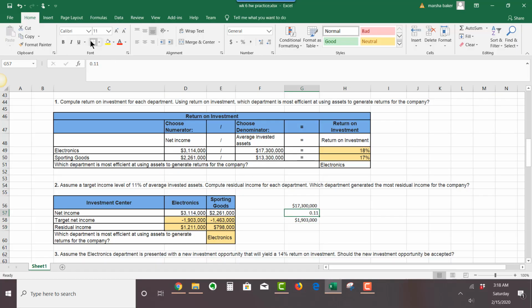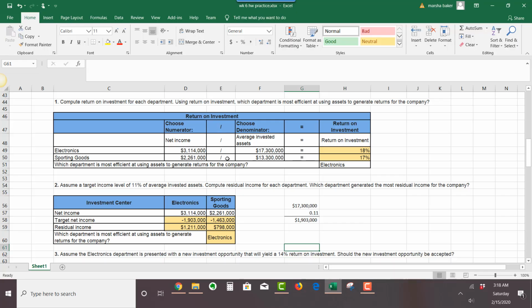So therefore, the electronics department has to make at least $1.9 million on its investment, or it wasn't worth the investment, right? But clearly they did better, a lot better than that. They actually have residual income. So what's left over is called residual income, and what's left over is 1.2 million. So pretty good. Pretty decent there.